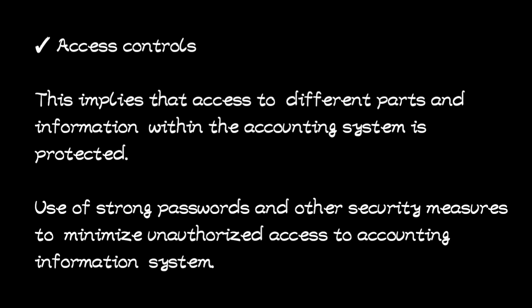This can be done by use of strong passwords and any other security measures to minimize unauthorized access to accounting information systems. That is all about access controls, to make sure that information is protected. Not anyone can access the information at any time.